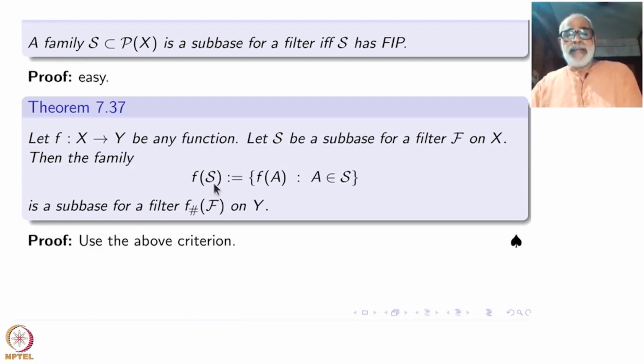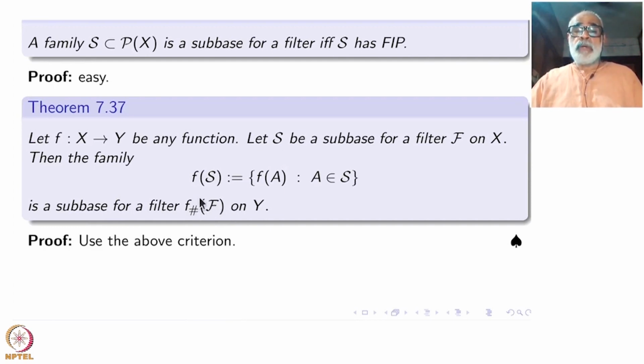Take f(S) equal to all f(A) where A is inside S. So this is a subfamily of P(Y), right? If S has some elements there, then f(A) will have some elements. All right. So this family is a subbase for a filter, and that filter will be denoted by f check of F.